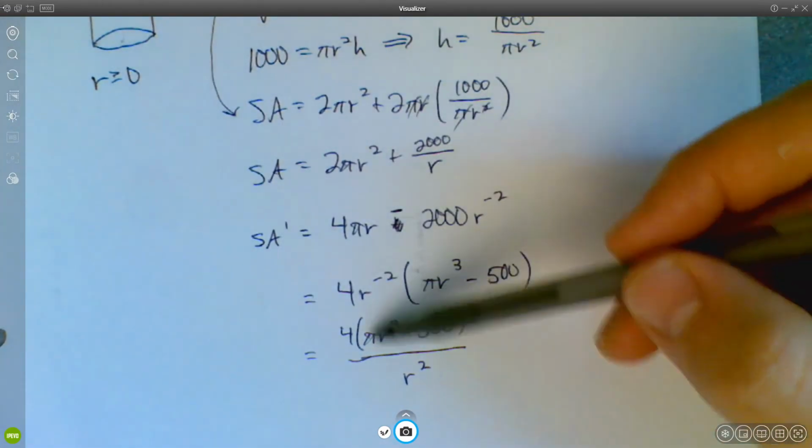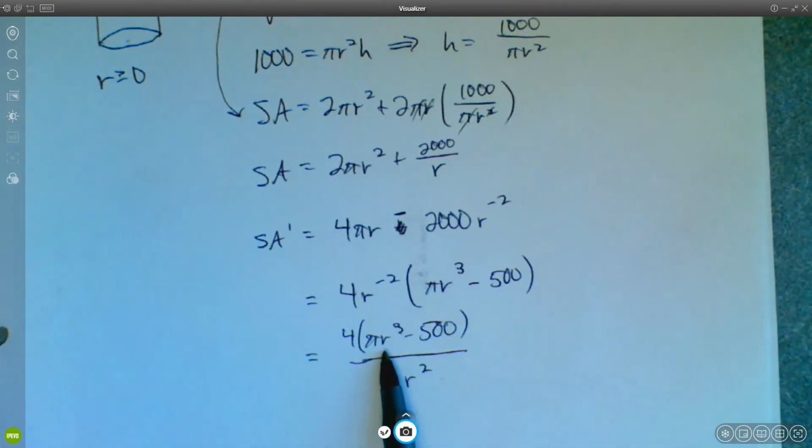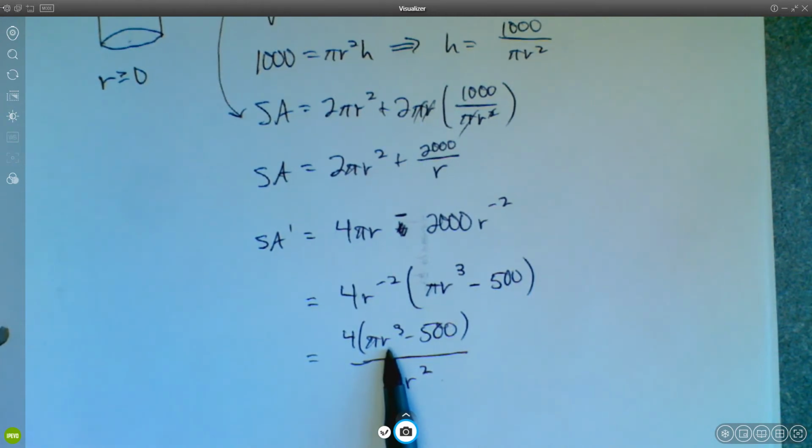And then the other place is whenever pi r cubed minus 500 equals 0. Sorry, I was just checking my math.